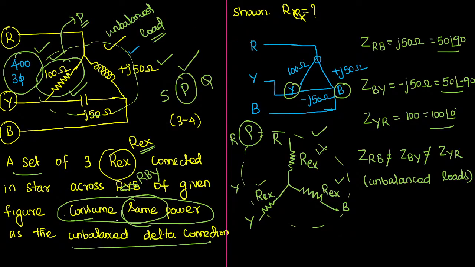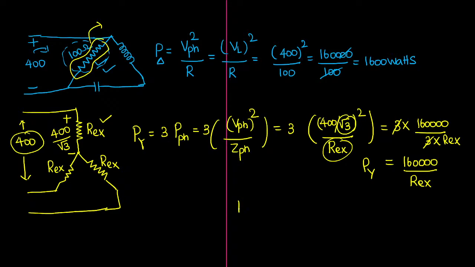But in the question they told us that both powers are the same. So power consumed by the unbalanced delta connected load and power consumed by the balanced star connected load are both equal. They are the ones who said that, not me. So power consumed by the unbalanced load is 1600, which equals power consumed by the balanced load, 160,000 upon REX.